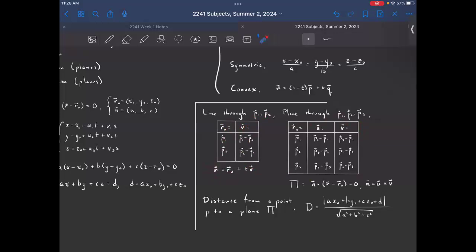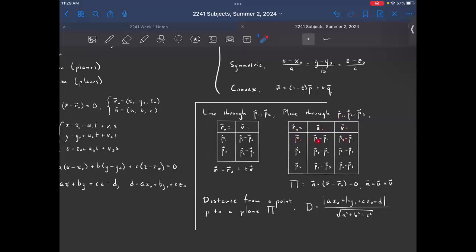For a plane, you're given 3 points, because you need 3 to specify a plane. And then you choose one of them to be your r0. And here, you need 2 different vectors, u and v. And hopefully your points P1, P2, and P3 are not collinear. So if they're all in the same plane, but not on the same line, then you pick your r0, your starting point, and you pick the vector going from r0 to one of the other 2 points.